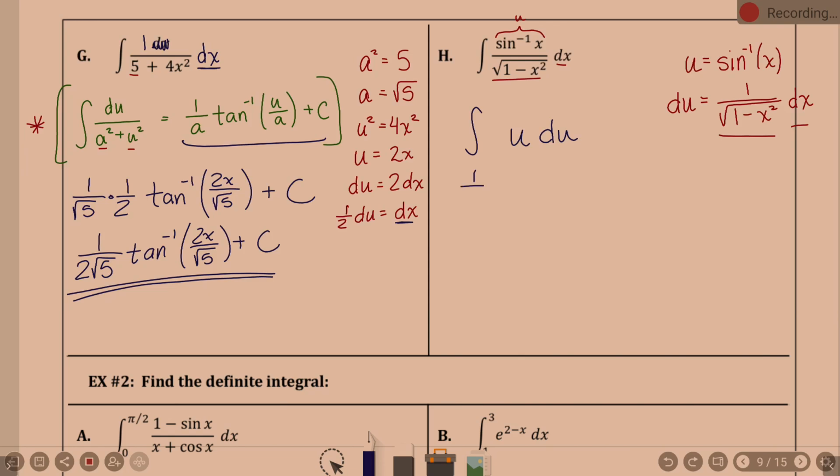One half u squared. Officially, since it's indefinite with no bounds, I'm going to throw on a plus c. Don't stop here; we need to replace u. I'm going to write this as one half times sine inverse x, quantity squared, plus c.